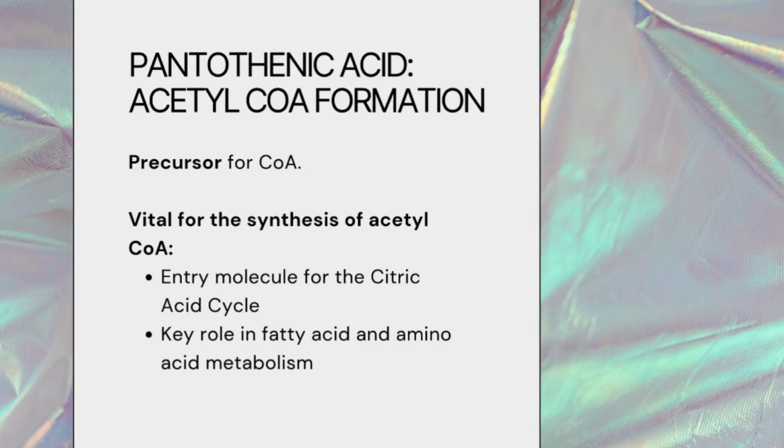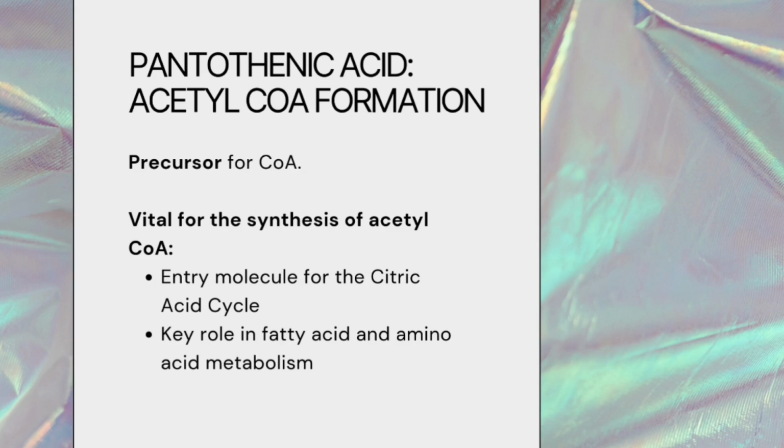Its significance: this process is crucial for energy production, particularly during fasting or prolonged exercise, when fatty acids become the primary energy source. Additionally, acetyl-CoA produced from fatty acids is used to generate ATP through the citric acid cycle.